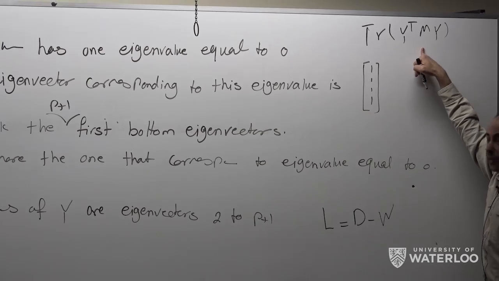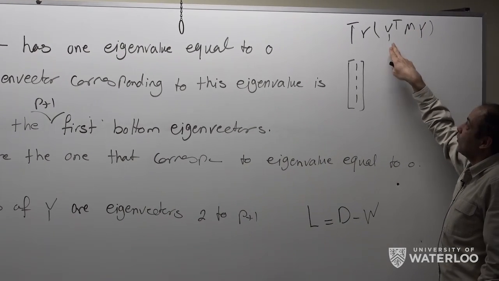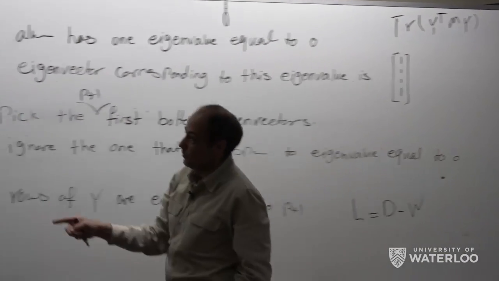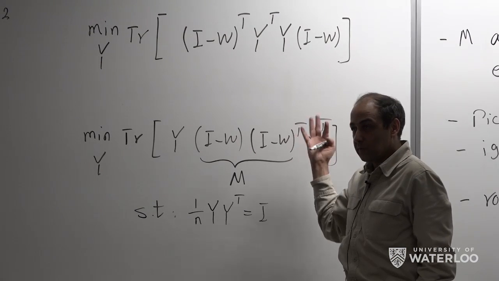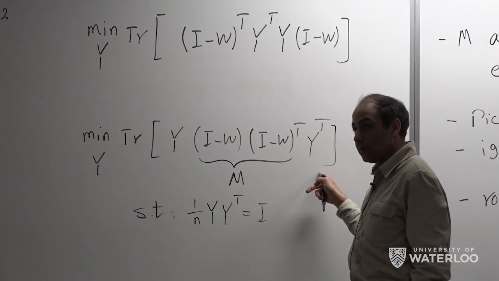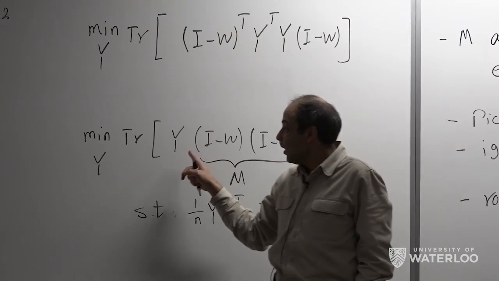The solution for this is eigenvectors, and eigenvectors would be columns of y transpose. Here, instead of y transpose M y, you have y M y transpose. It doesn't matter. The eigenvectors would be just rows of this or columns of this. If you have y transpose M y, that would be the other way around.